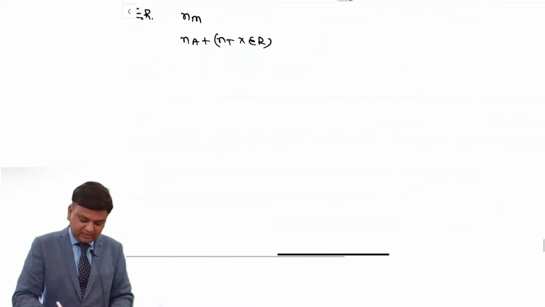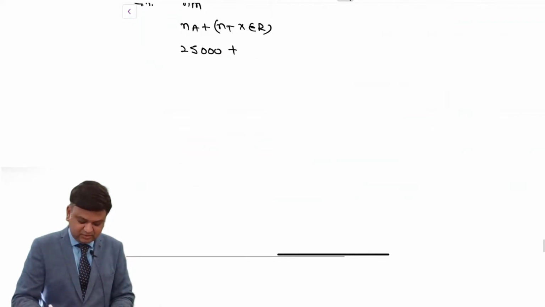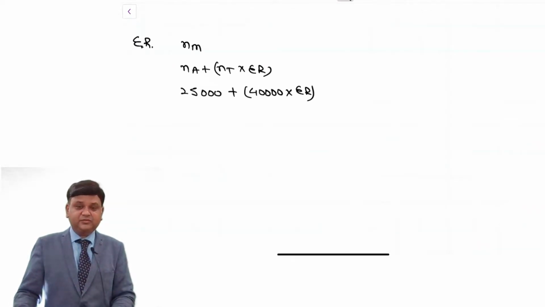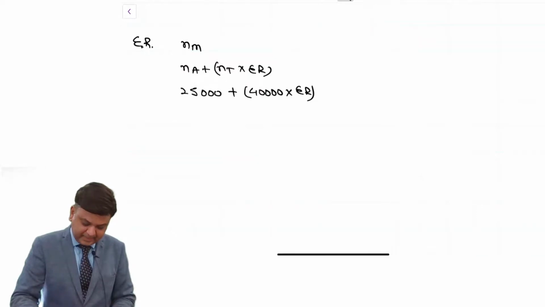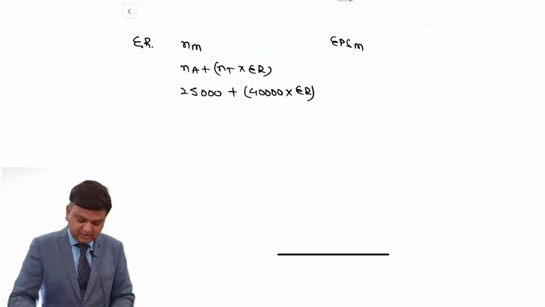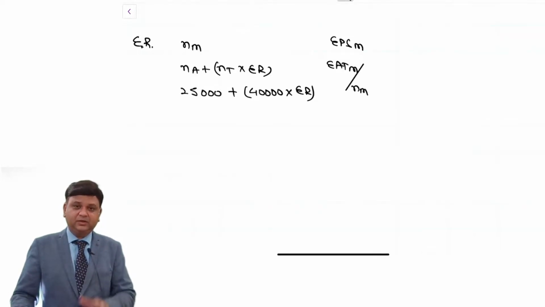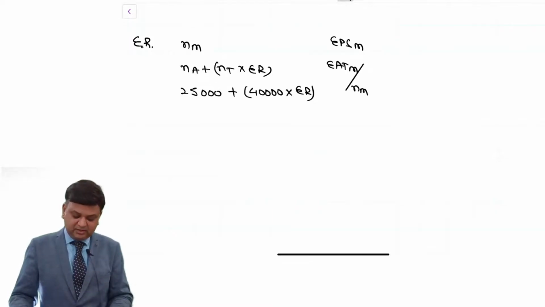Let me explain the table. 25,000 plus 40,000 into exchange ratio. That is the number of shares of the merged firm. Then EPS of the merged firm: it is earning after taxes of the merged firm that we already have found, divided by number of shares of the merged firm, which we will compute in the preceding column.